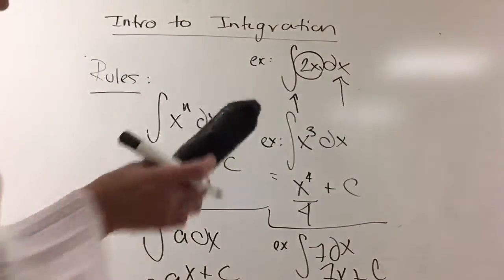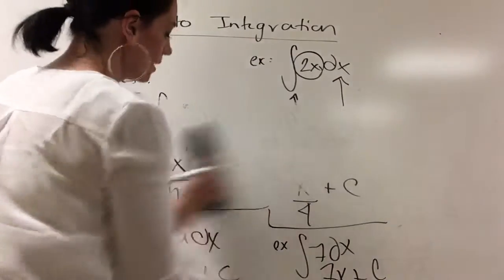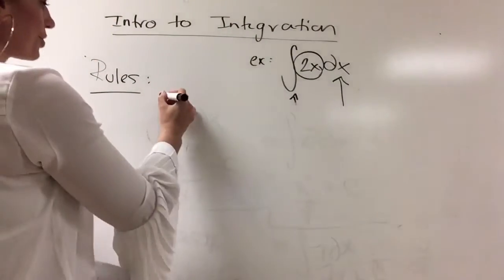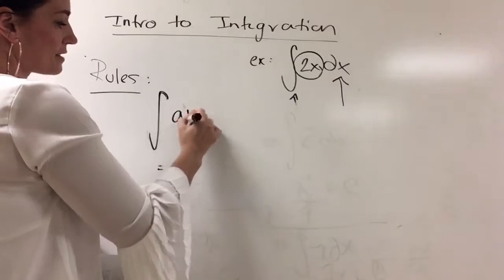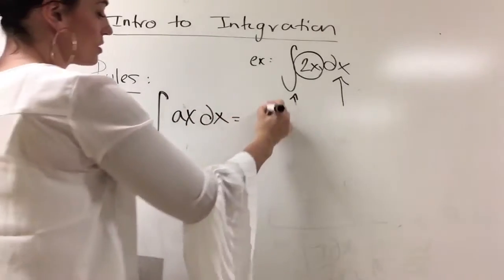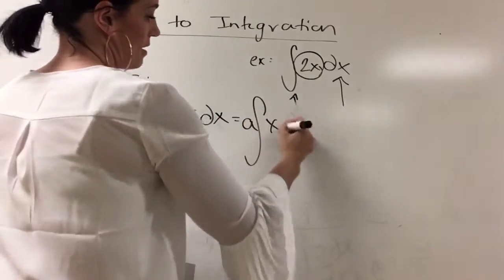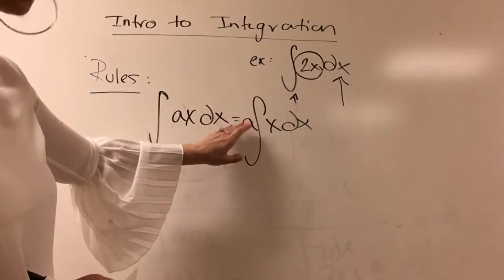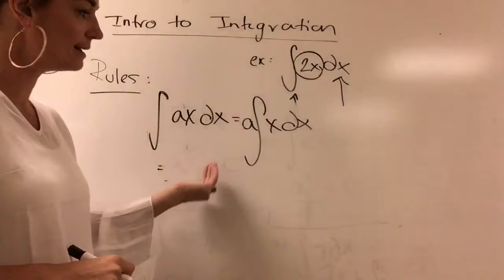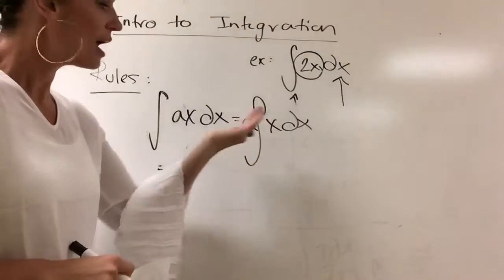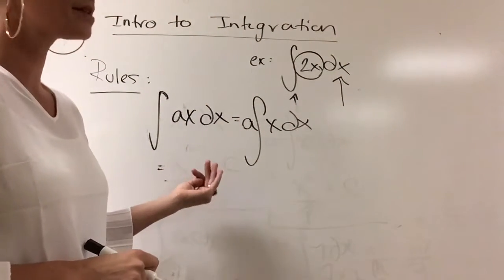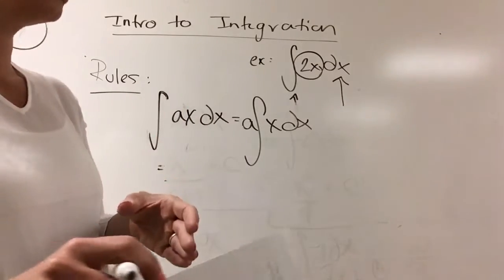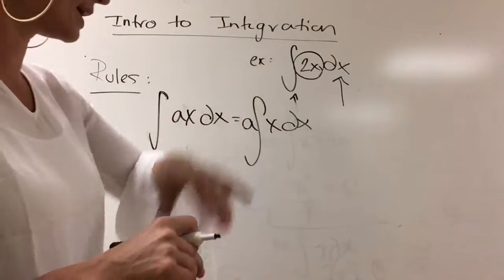Another good rule to know, and it'll help us maybe do this problem right here. If you have an integral of ax dx, it's the same thing as doing the a outside of the integral. So any number that is a coefficient can be brought inside and outside the integral sign. Why that's important to know is sometimes you could find the integral, but this number is kind of messing it up.